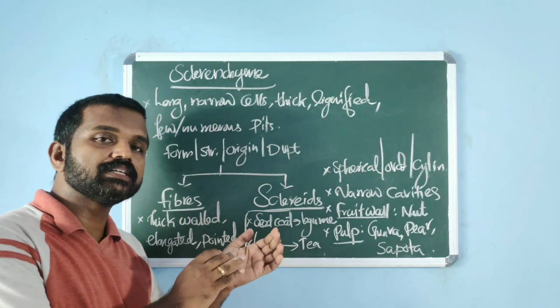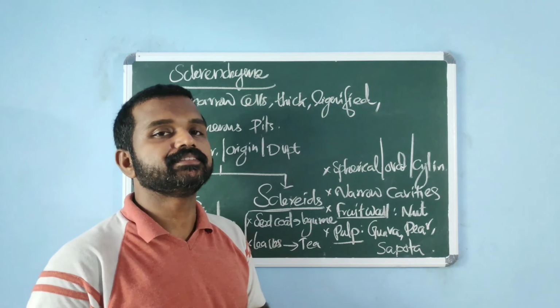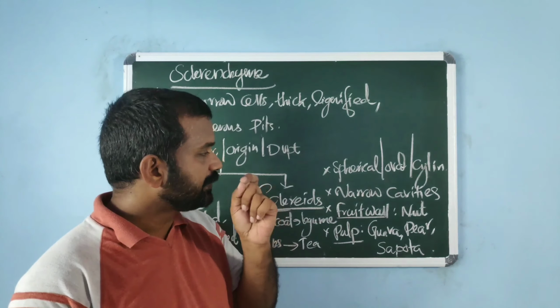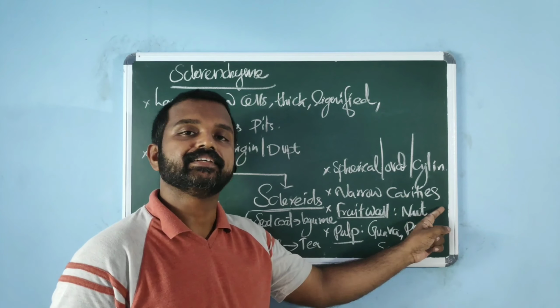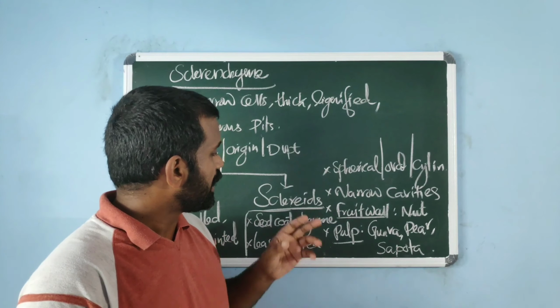Whereas sclerites are spherical, oval, or cylindrical cells with a highly thickened cell wall, and they have narrow cavities or lumen. Sclerites are usually found in fruit wall of nuts, pulp of fruits like guava, pear fruit, sapota, and seed coat of legume and leaves of tea.